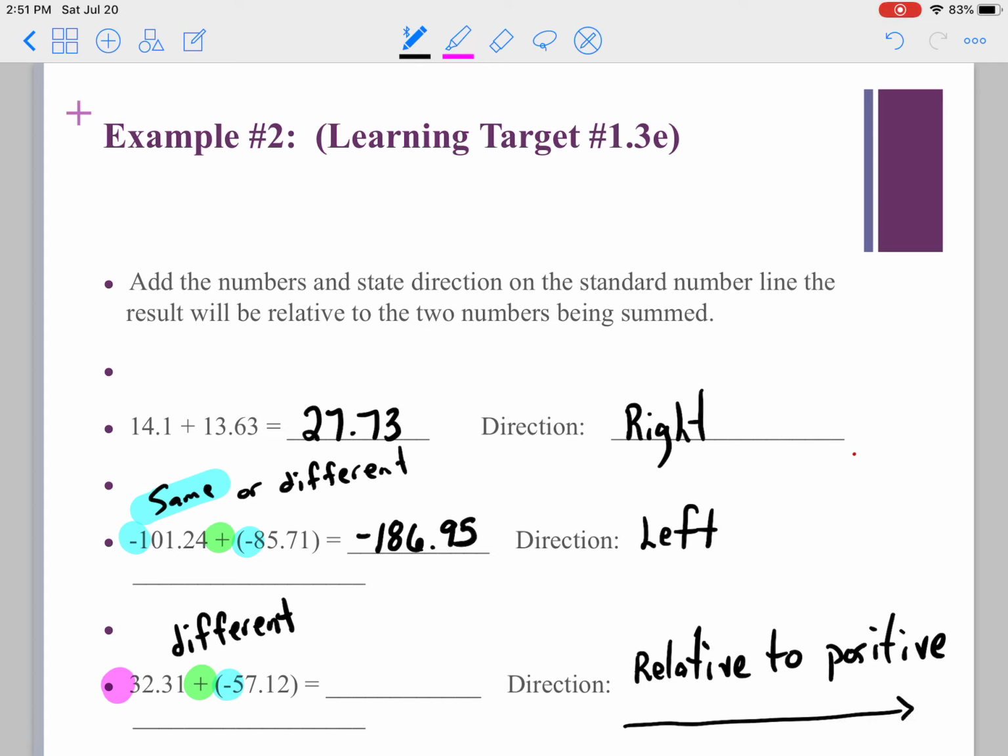So if we have 32.31, way over here would be negative 57.12. We're going to start here and figure out which direction our result will be when we add 32.31 and negative 57.12.